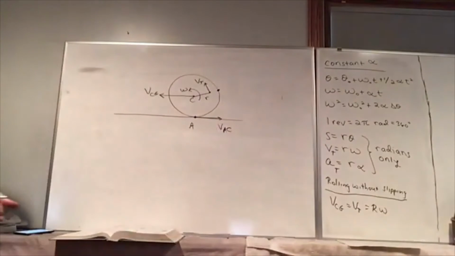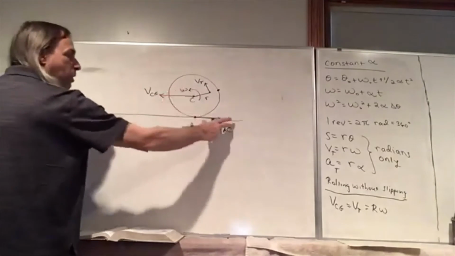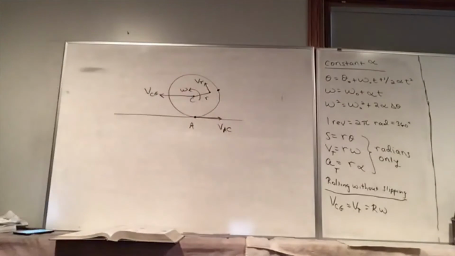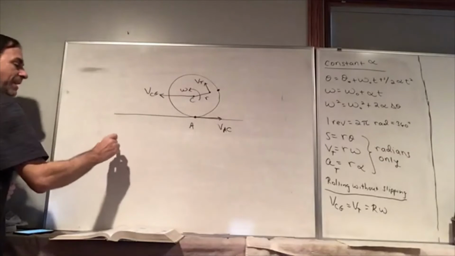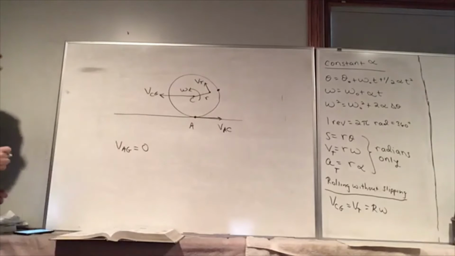the velocity of A relative to the center is to the left, and the velocity of the center with respect to the ground, so I usually draw it the other way. This is to the right, this one is to the left, and the velocity of point A relative to the ground is 0.